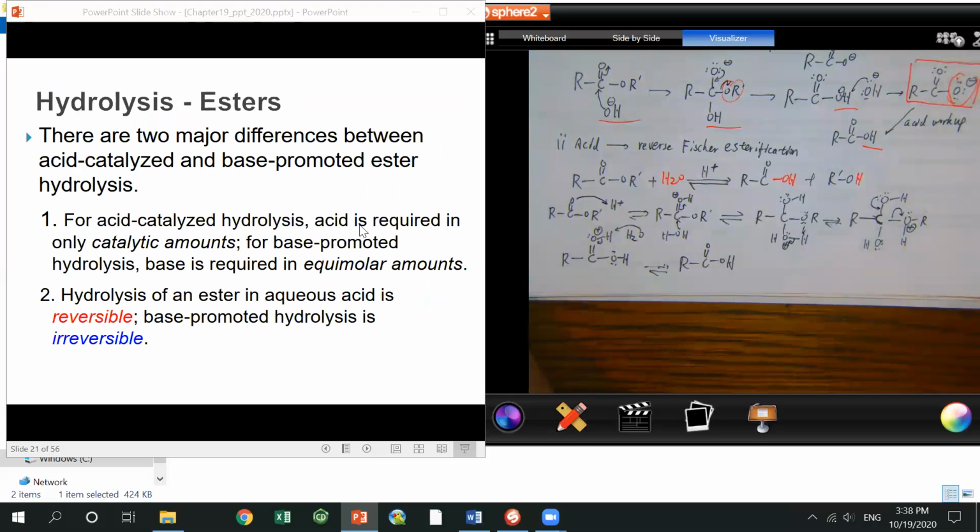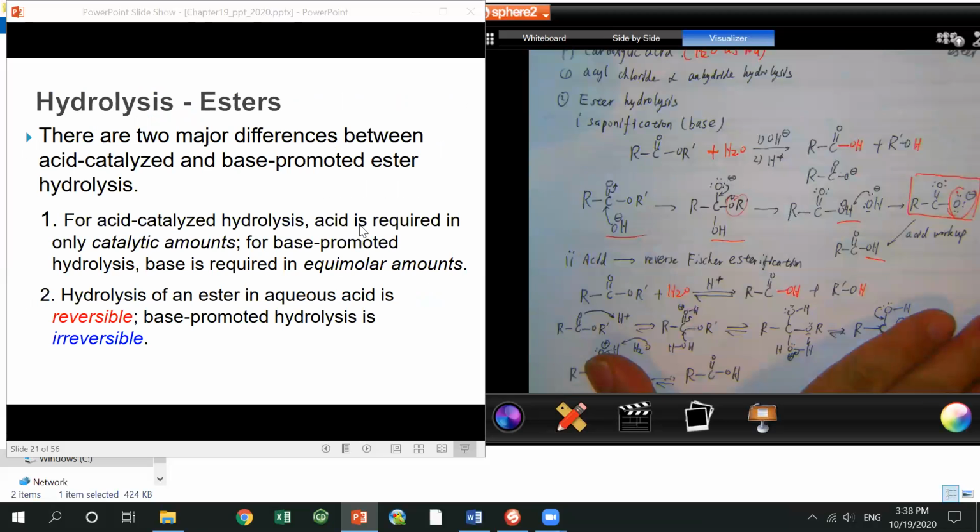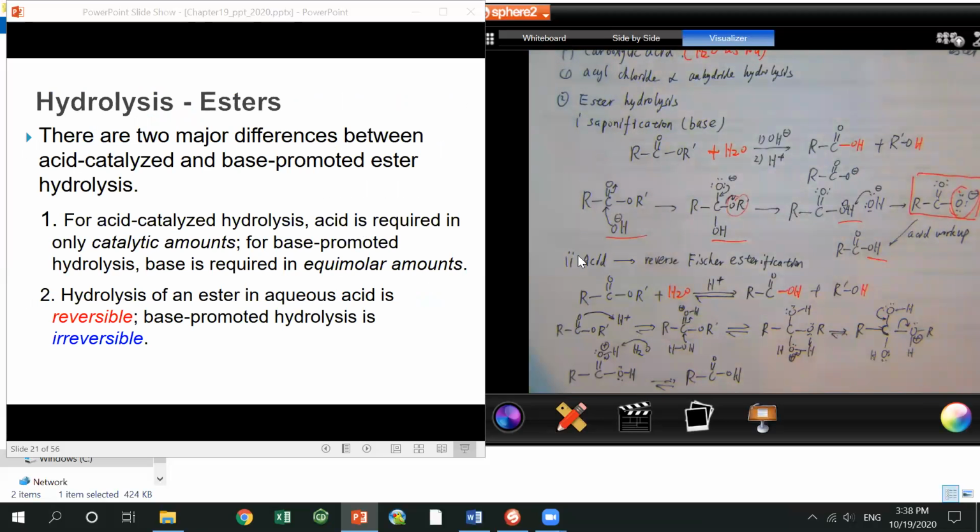All right, so here's a little summary of the saponification and also the acid-catalyzed reversible reaction, the reverse of Fischer esterification, so-called acid-catalyzed hydrolysis of the ester.